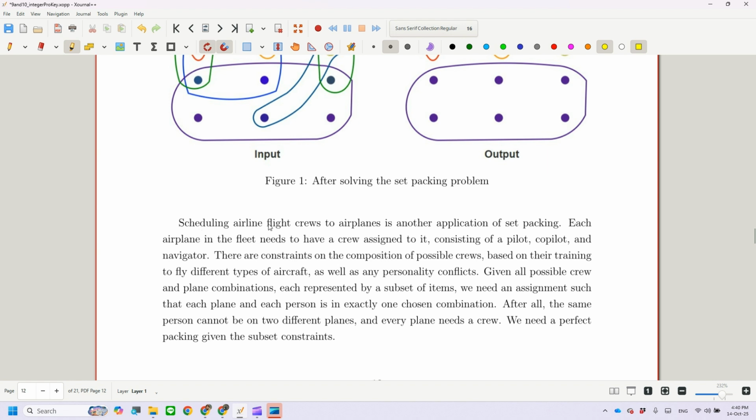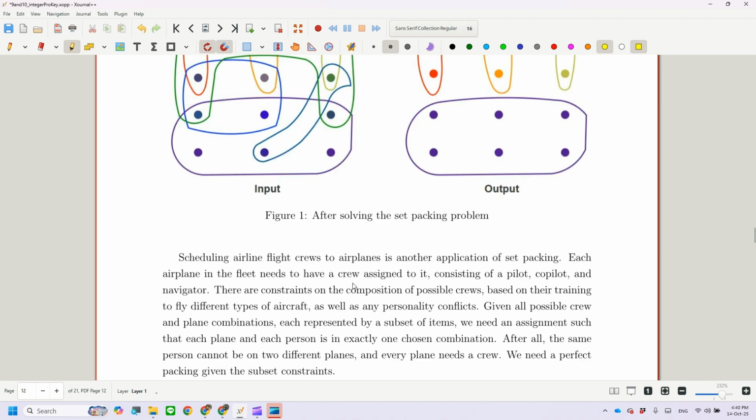Scheduling airline flight crews to airplanes is another application of set packing. Each airplane in the fleet needs to have a crew assigned to it. A crew consists of a pilot, co-pilot, navigators, and also flight attendants. There are constraints on the composition of possible crews based on their training to fly different types of airplanes, as well as any personality conflicts, like some pilots might not like each other.